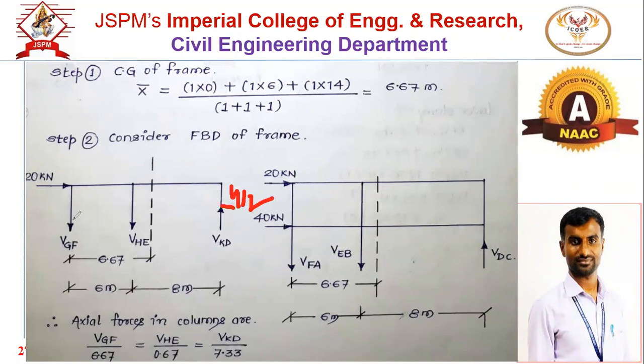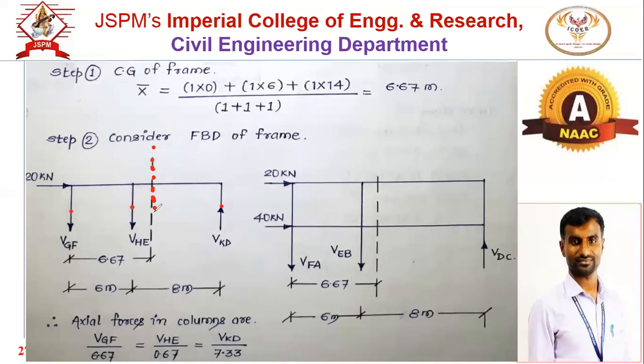And we know that these are the axial forces. This is the direction we have assumed for the axial force. You can consider this upward, or you can consider this downward. So what is the logic here? This is the centroidal axis.